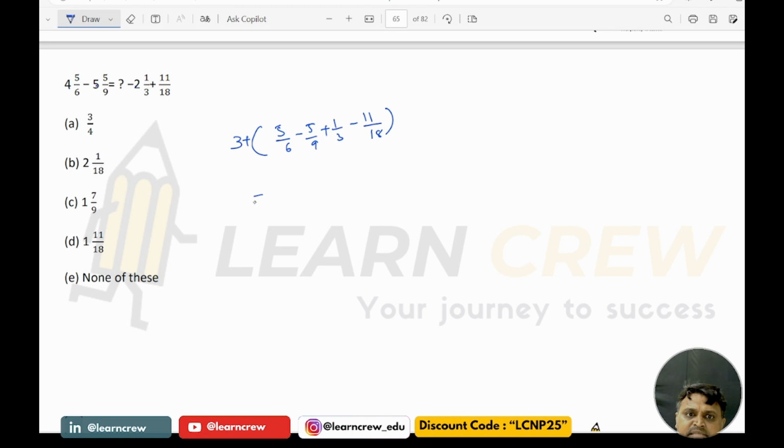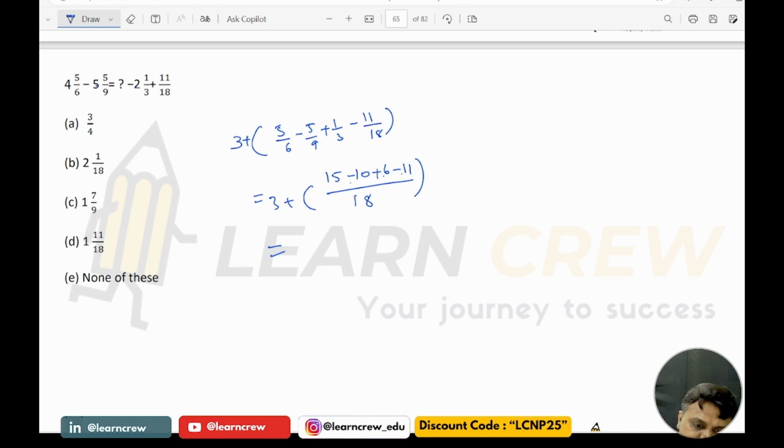So the LCM is 18 here. 3 5s are 15 minus 10 plus 6 minus 11. 15, 6 minus 11 is minus 5. So the answer is going to be 3. Is it so? Am I correct?